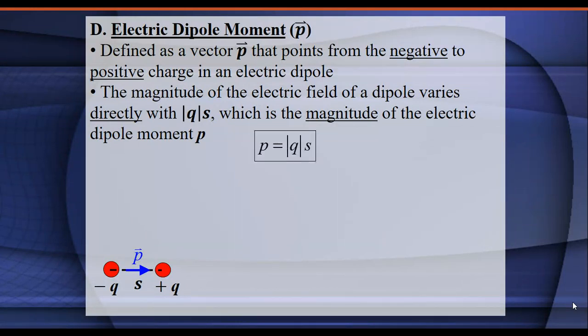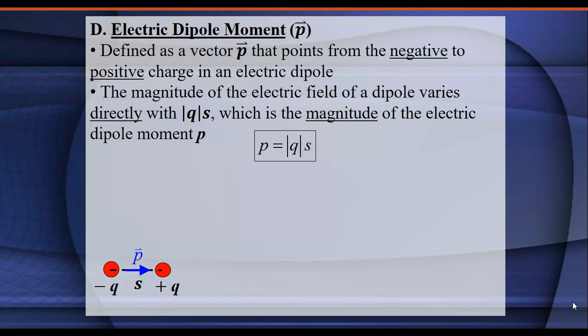My electric dipole moment varies directly with both the magnitude of the charge at one of the ends of the electric dipole multiplied by the separation between the two. For the magnitude, I just dropped the vector sign: the magnitude of this dipole moment would be the absolute value of q times s.